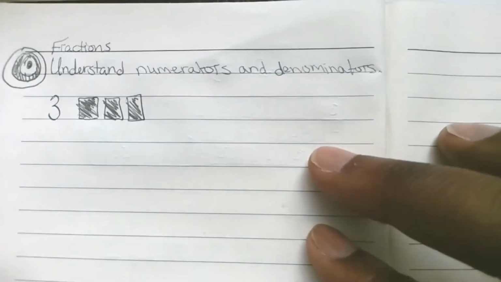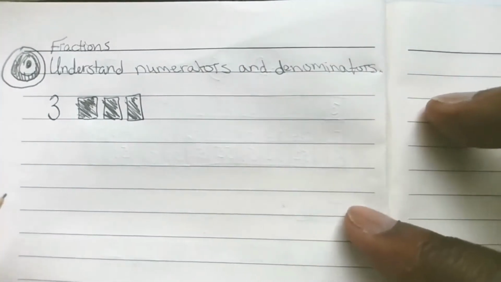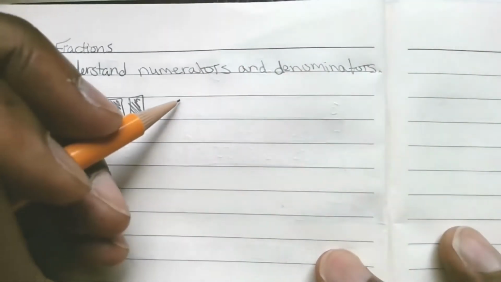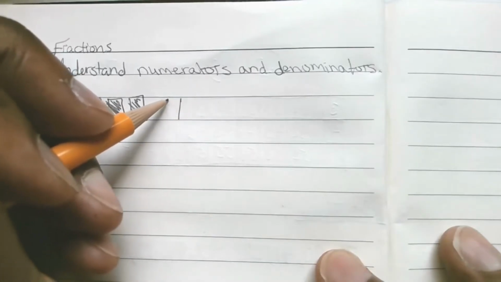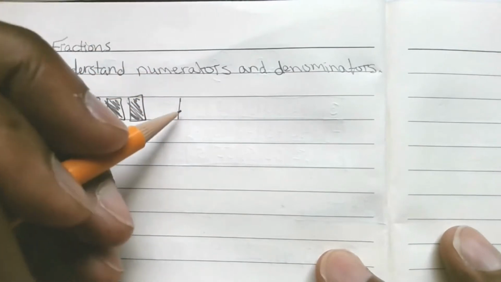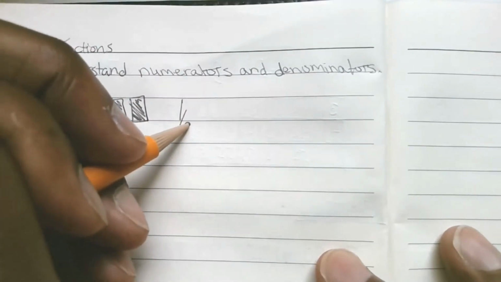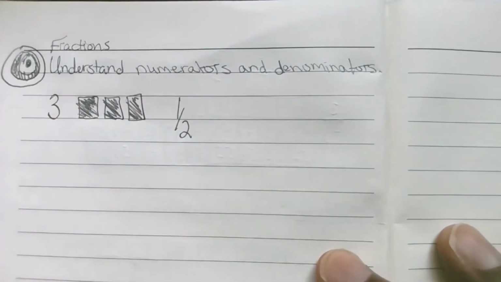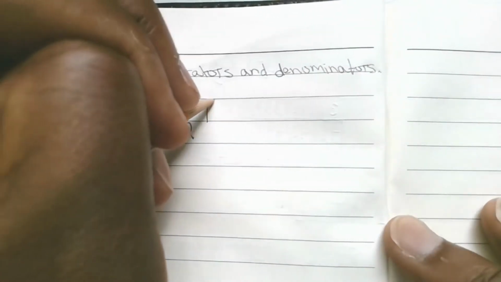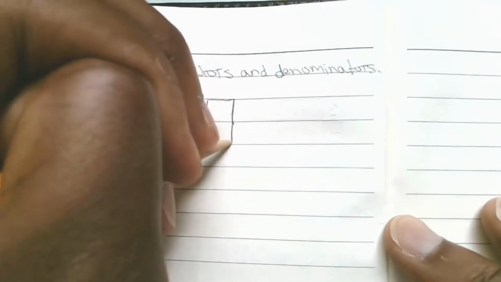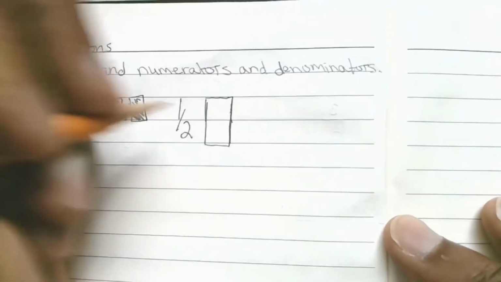Now, when we look at a fraction, that's where we would take a number. Let's say we have the fraction 1/2 here. I know it's kind of big, but just a fraction 1/2.